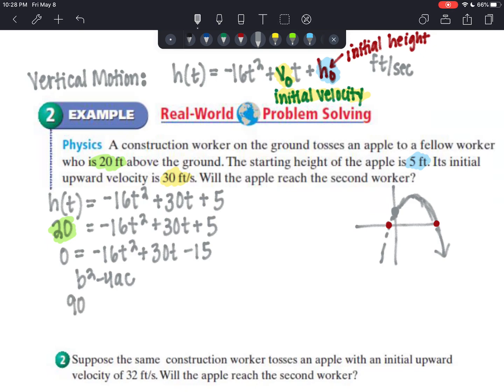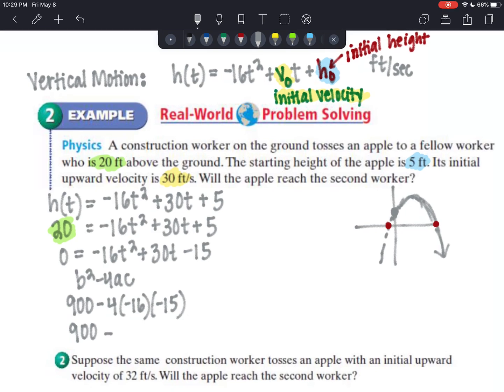So b squared would be 900, 30 times 30, and then minus 4 times negative 16 times negative 15. I'm going to take 4 times 15, which is 60, and then I'm going to take 60 times 16.